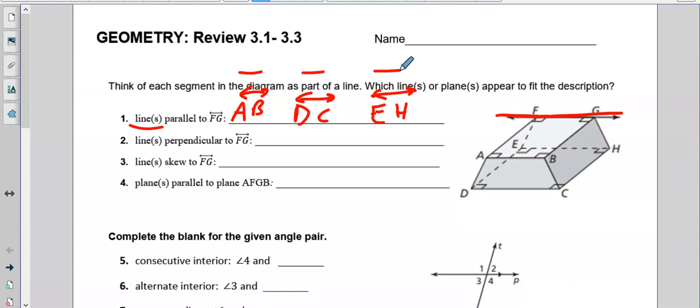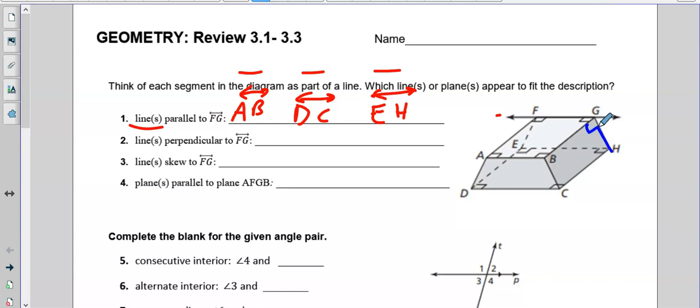Perpendicular to FG. So remember, for perpendicular, we're looking for that all-important right angle symbol. All right? Now, notice, even though GH over here, you might think, oh, that looks like a right angle. There is no symbol here showing you a right angle.